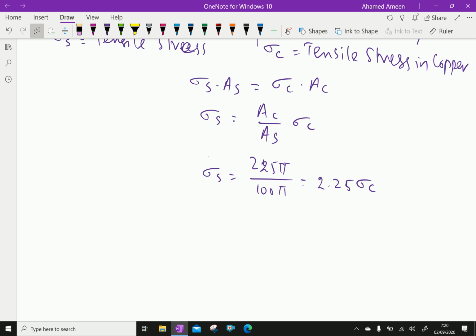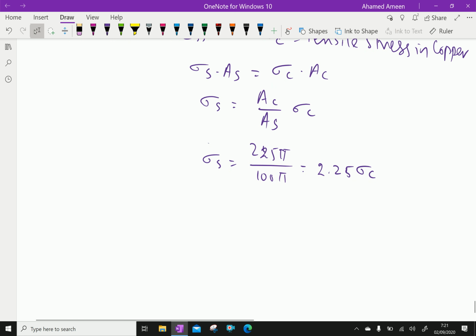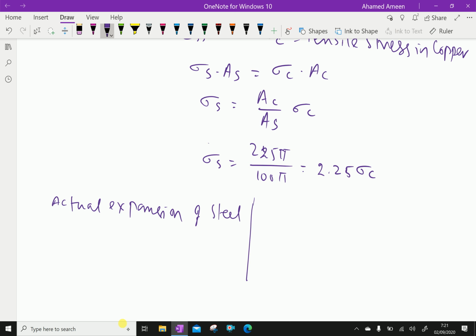We know that the copper tube and steel rod will actually expand by the same amount because it's tightened on both sides. Actual expansion of steel equals actual expansion of copper.